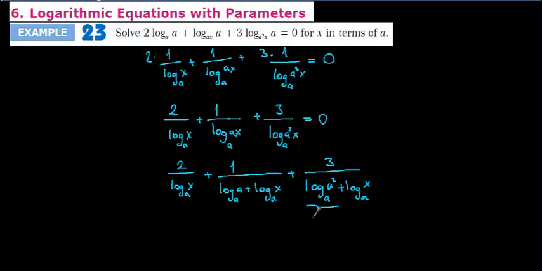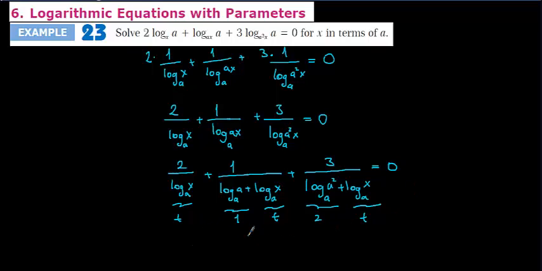Here we know this is equal to 2, this is equal to 1, and if I say these are equal to y again, or t, if I substitute by t, this is equal to t, and this is going to be equal to t, and here I forgot to write 0.